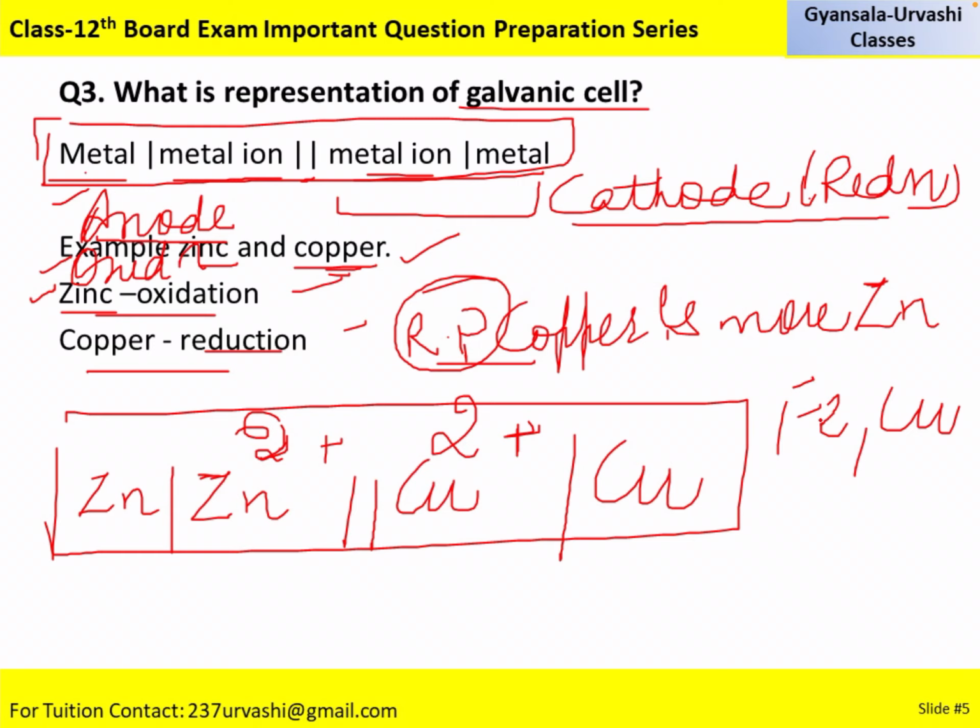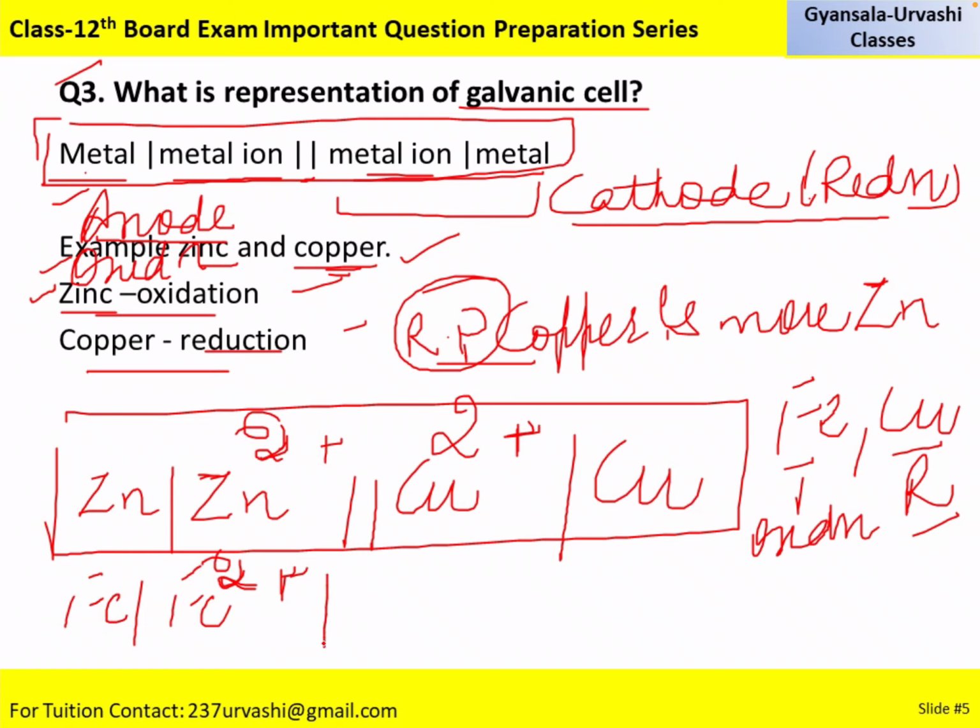Okay, so I will check who will go reduction and who will go oxidation. So let's say iron is going oxidation and copper is going reduction. How to represent it again in the galvanic cell? First I will write iron, slash, iron ion, this is 2 positive.